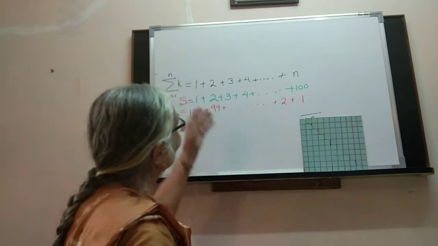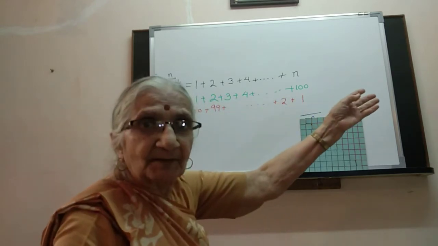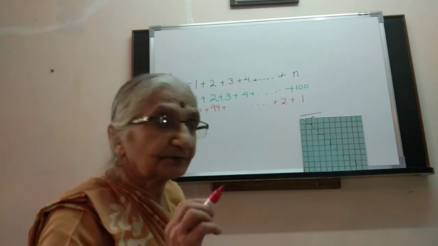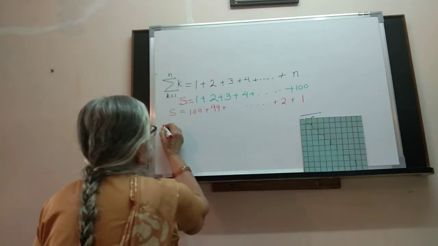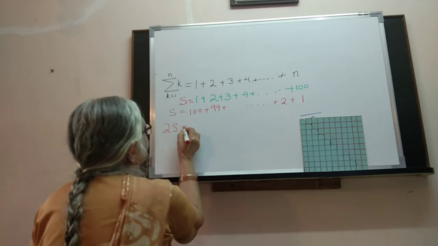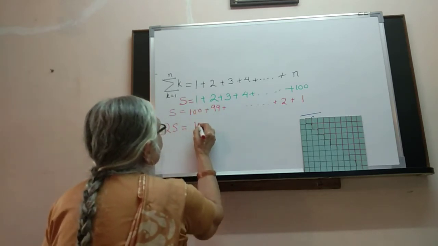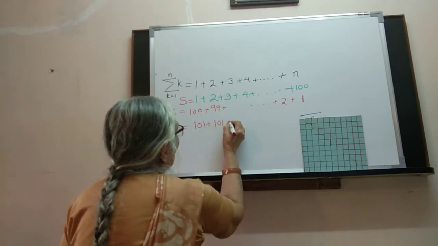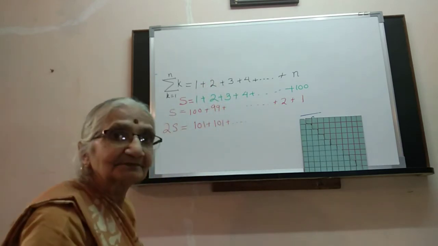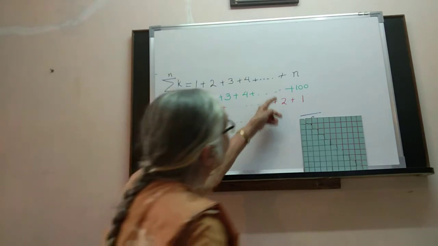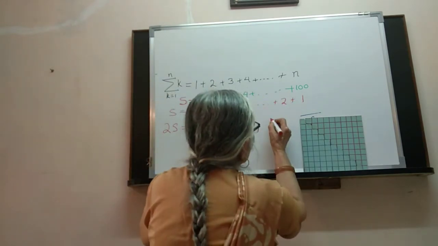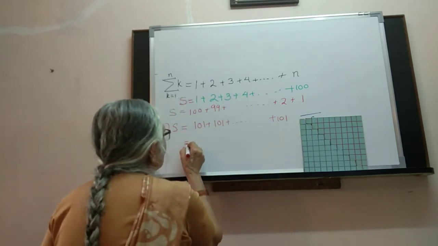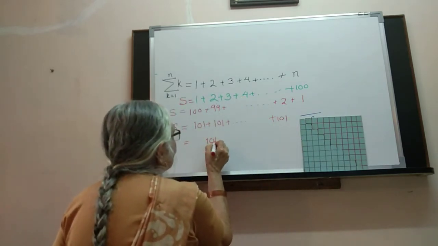Well, we may say that, well, adding 1 was a big job anyway. And now add 2. No, the addition of 2 will be easy. On this side, of course, we have 2S. 1 and 100, 101. 99 and 2. Oh, now we know. Every time we are going to get 101, 101, and the last will also be 101.